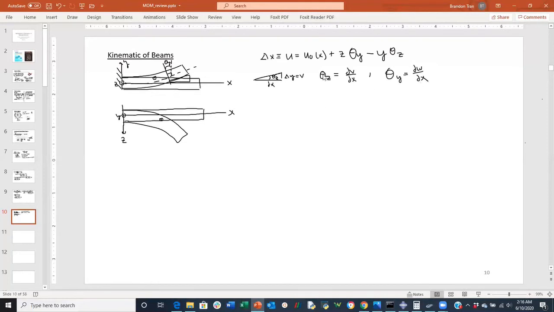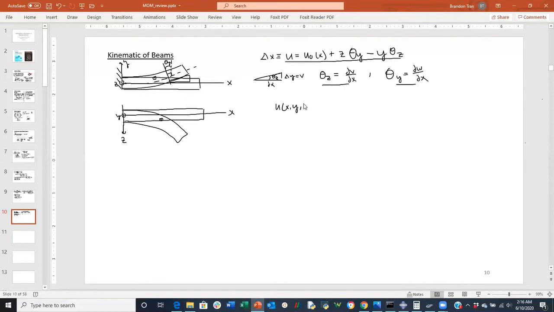Okay, so essentially here we have an equation for the kinematic normal displacement of the beam. We can insert these small rotation assumptions to achieve the following using small angle theorem.